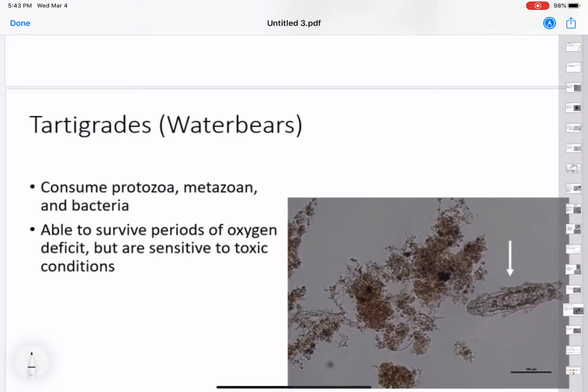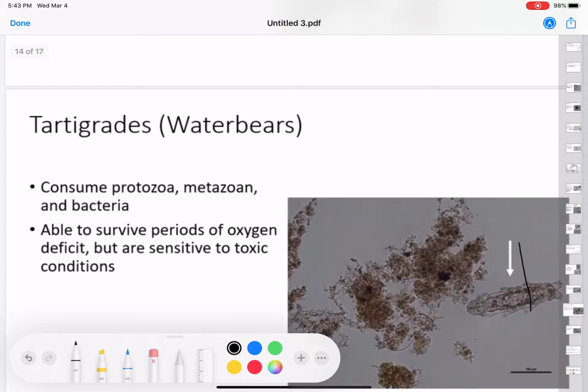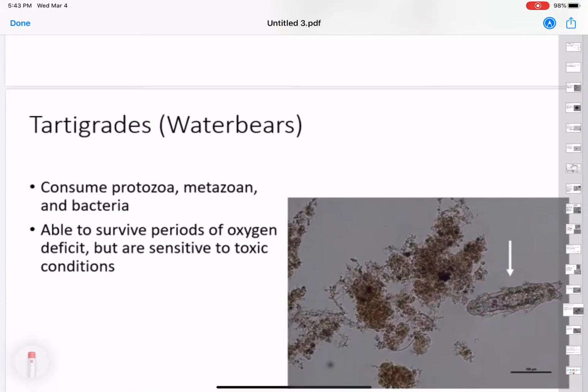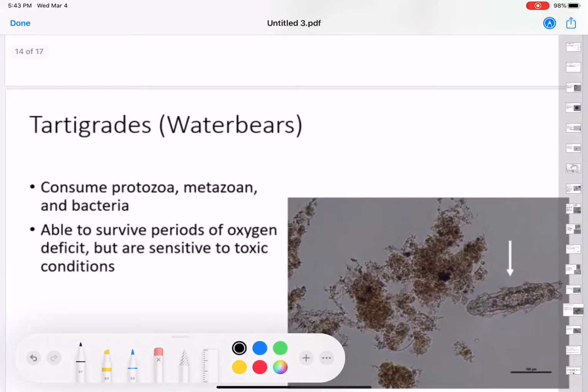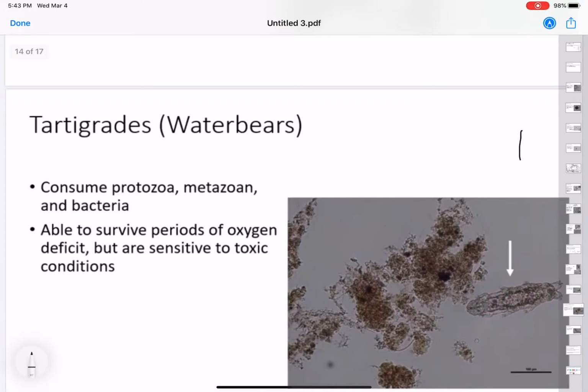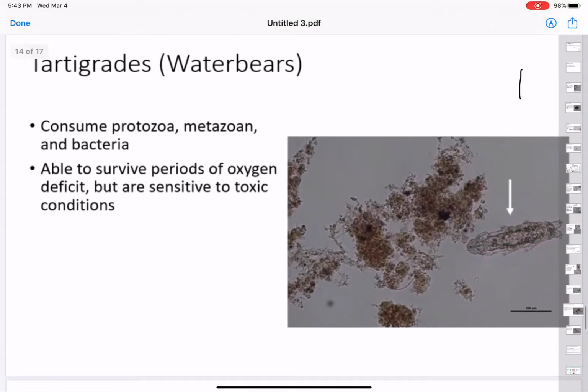Tardigrades or water bears. Look at this, water bears. Okay, it's like a bear, and you will see it once we come to the feed.